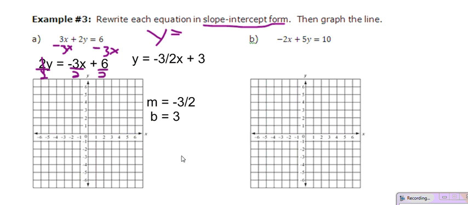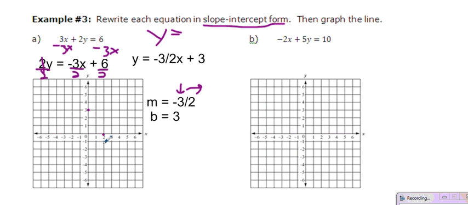Now it's just like the problems I just did. I start with the y-intercept, so I'm going to the y-axis and making a point at 3. My slope is negative 3 halves. It means I'm going down 3 and to the right 2. So count down 1, 2, 3. Go to the right 2.